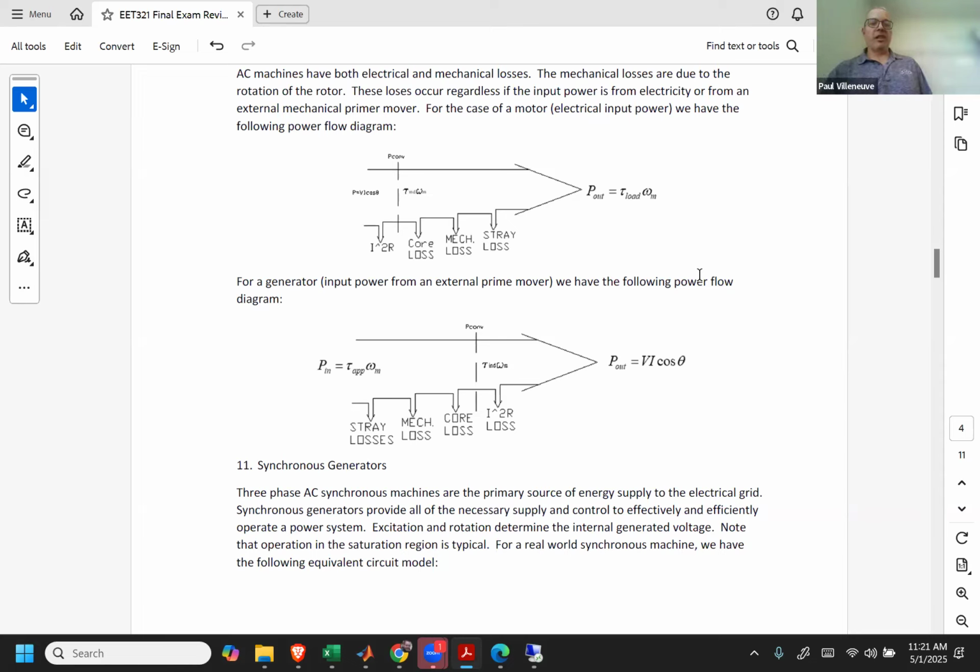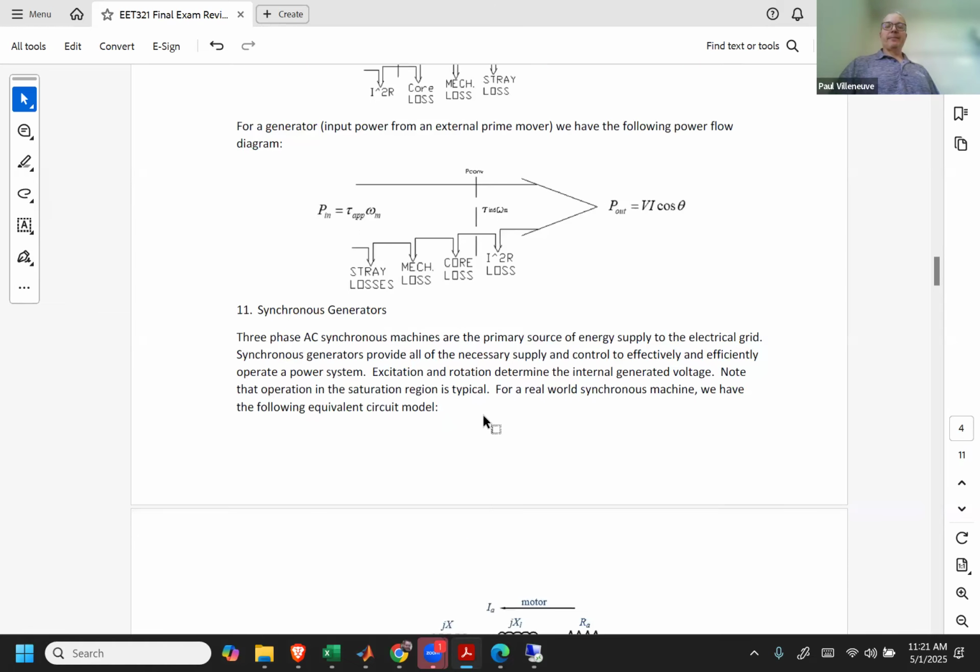So it's still considered electrical here, okay? Developed power is equivalent to mechanical power that you would have. Or if you had a mechanical system, if you had a generator, then you have developed power that is equivalent to what the electrical power would be going out. So it's sort of the conversion between the two.